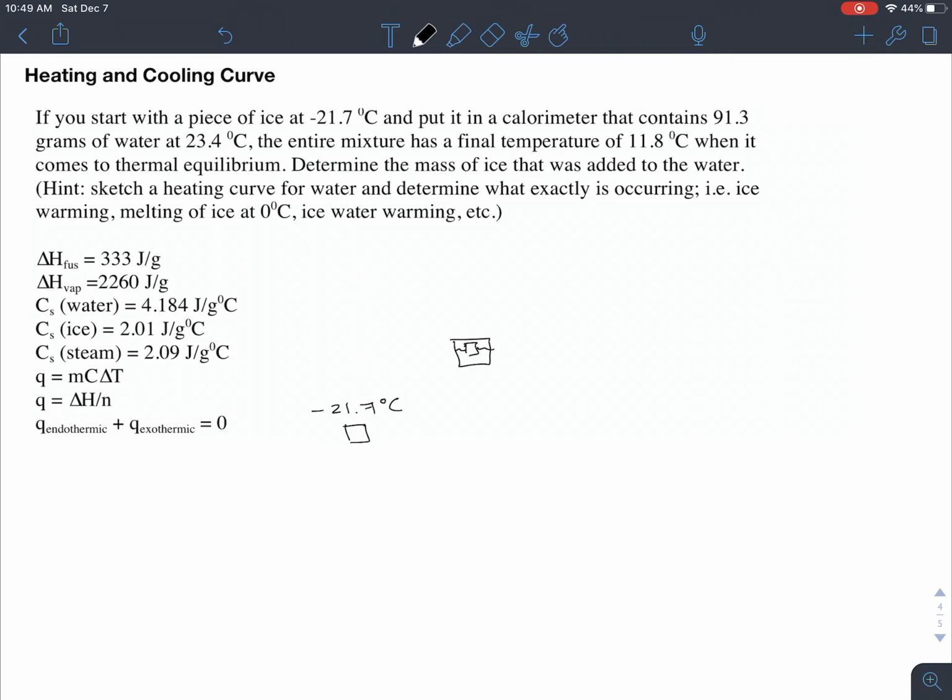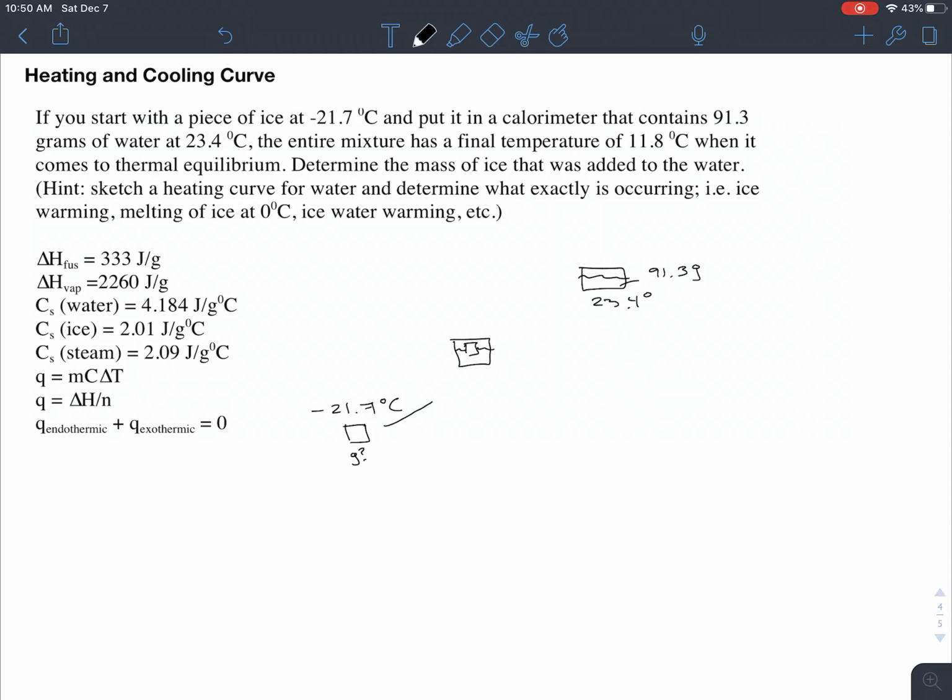Now, when the ice then melts, right? So I have this calorimeter up here at 23.4 degrees Celsius with a mass of 91.3 grams of water. And this ice where I don't know the grams.